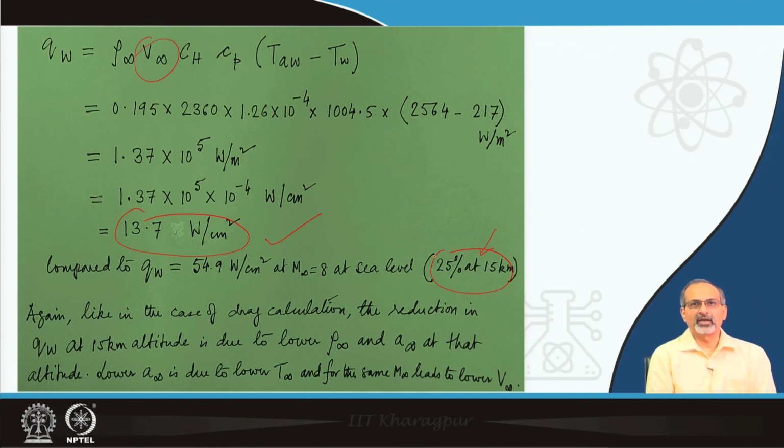Therefore, it is well understood that even if M infinity is beyond 8 at 15 kilometers altitude, the heat transfer rates are not going to be significantly high, and in the outer reaches of the atmosphere at much higher altitudes, things will be even more favorable.